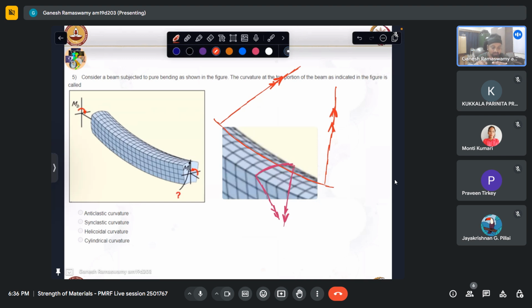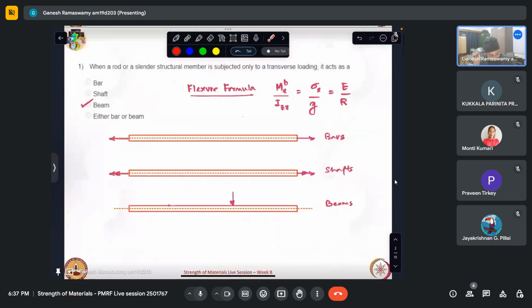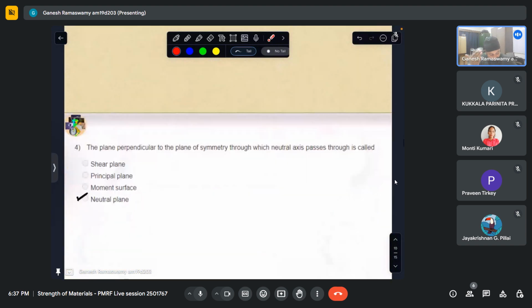And this effect, which we are seeing along the thickness of the beam, we do not consider in our analysis. Presently, in the bending formula which I wrote here, the R we are looking at is at the central plane, and it is this radius.